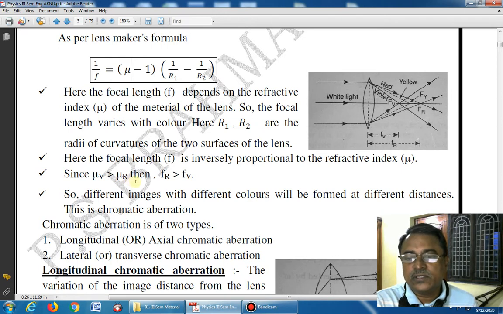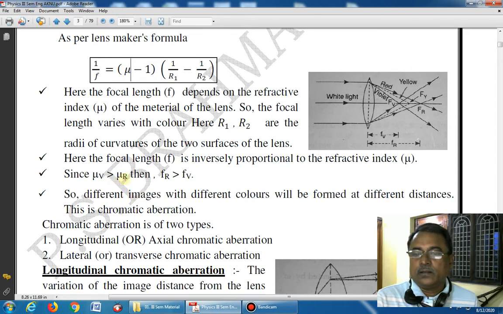So, in this case mu v is greater than mu r. As the focal lengths for different colors are different, if a white object is placed before a lens, then we will observe the image in different colors at different places. This is nothing but the chromatic aberration.